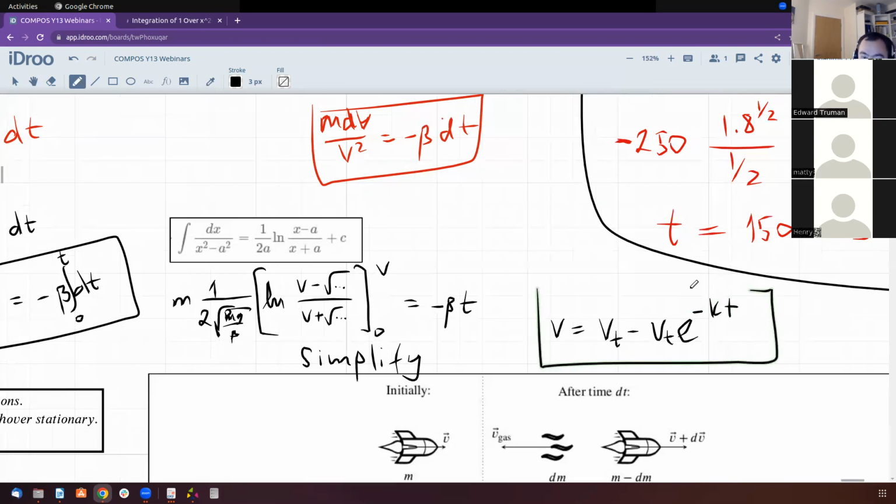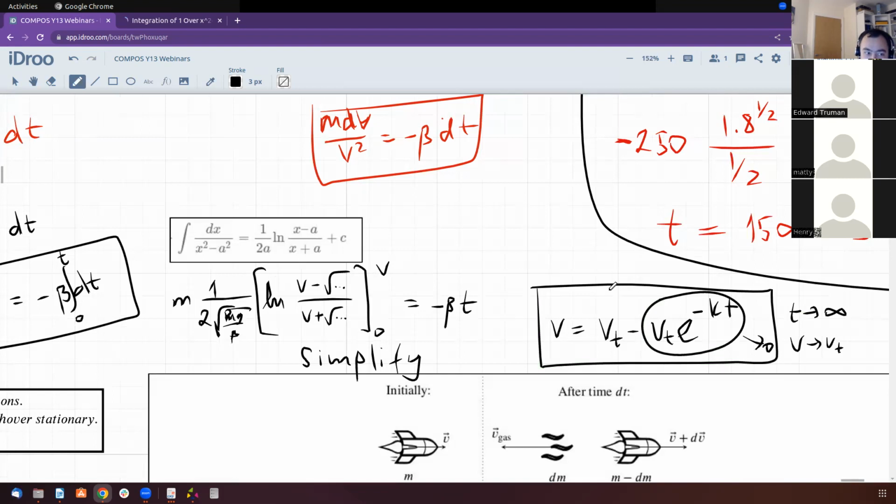The solution will be in this form. And as t increases, this becomes 0. When t tends to infinity, this tends to 0, and V becomes V terminal. V tends to V terminal.